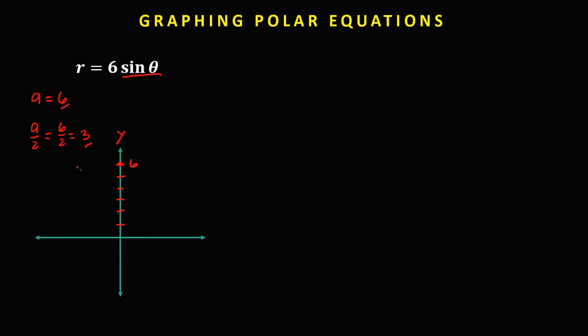Then a over 2 is equal to 3, so this one is 3. Also this one is positive 3. And we have this negative 3. So the graph of this equation passes through these points. And this is now the graph of r equals 6 sine theta.